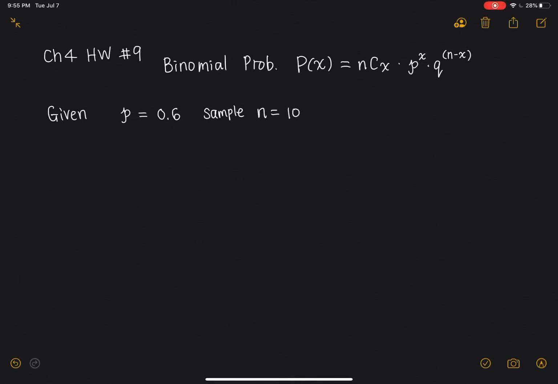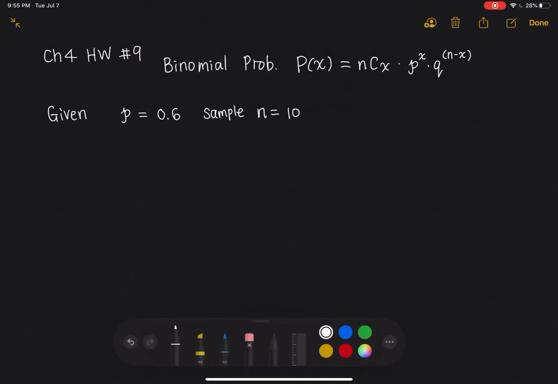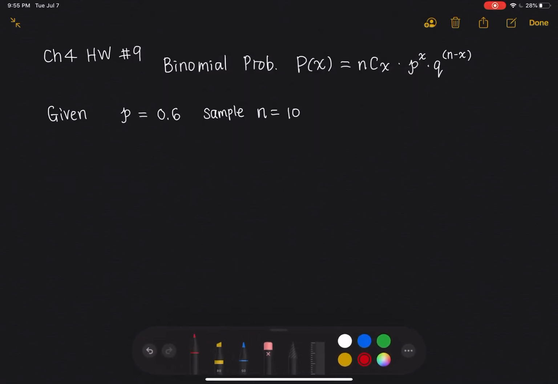Another number that we need to find out is, okay, what is q? I have shown you guys a few times, but just make sure you still remember q equals 1 minus p. They have to add up to 1 because it's either yes or no. If 60% of the people say yes, 40% of them say no, right? So it's 1 minus 0.6, 0.4.